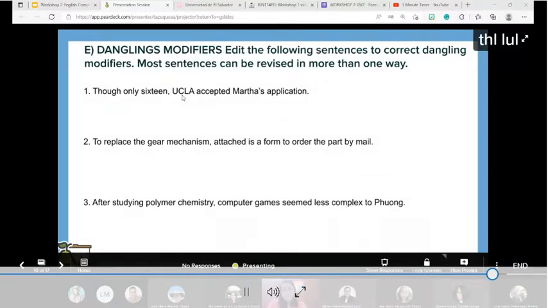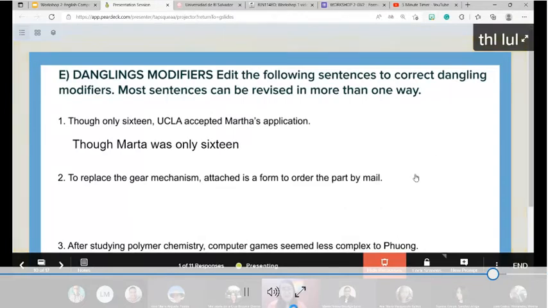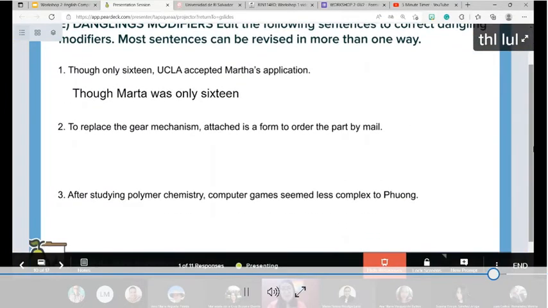Marta's application. Marta, that's right. Here we are: though Marta was only 16, UCLA accepted her application.